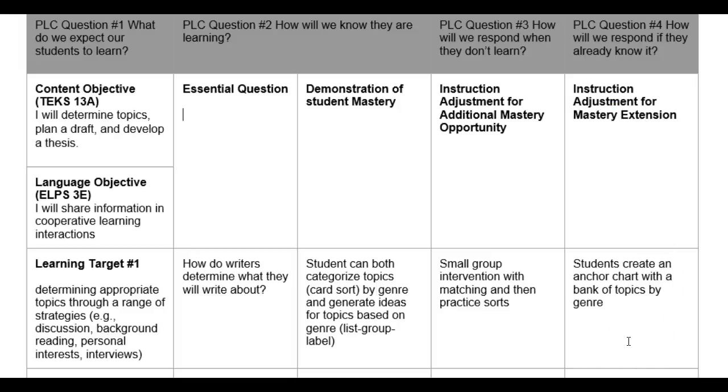Sometimes we allow students who already know material to peer tutor, which is fine. But another example of what students could do for 13A, determining appropriate topics, students could get together in small groups to create anchor charts with banks of topics by genre. So they're actually tutoring students by creating a reference item for the classroom.